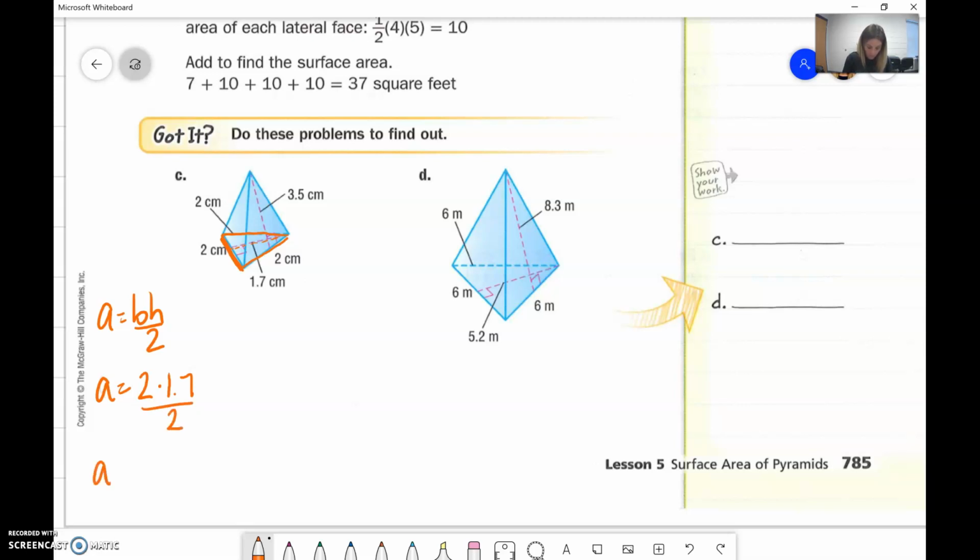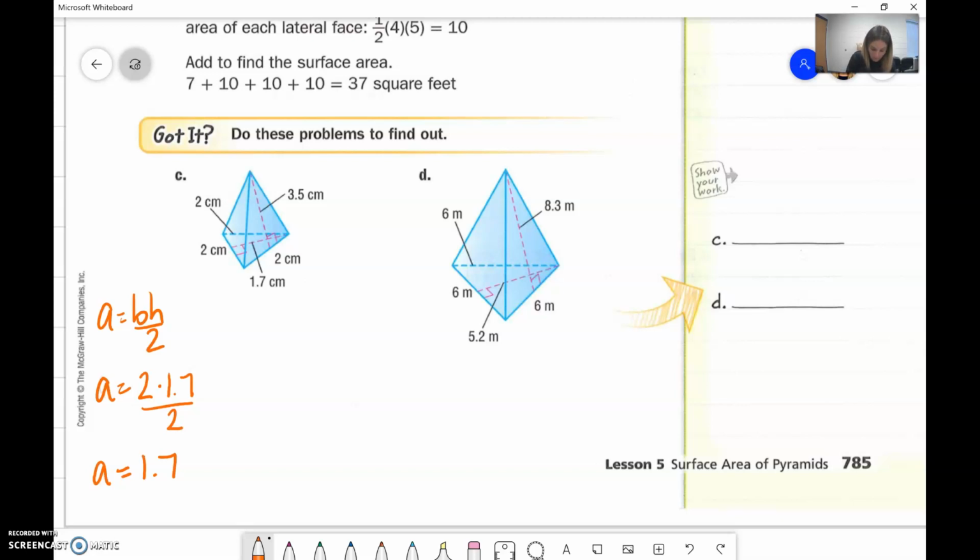And when we do that, we are going to get 1.7, okay? All right, so there's only one of those. Now my lateral faces, I have 3 lateral faces because it's a triangle, meaning there's only 3 sides, which means 1, 2, 3, okay? So I know that I'm going to multiply by 3.